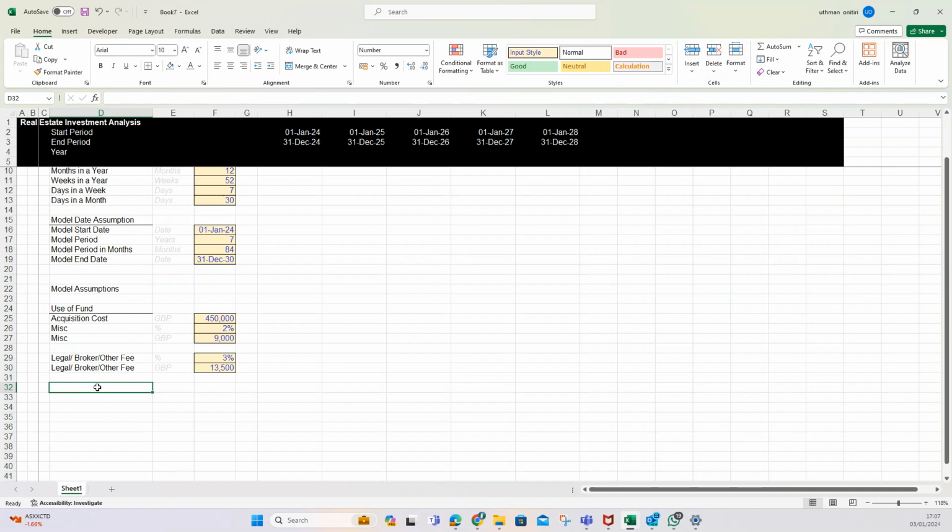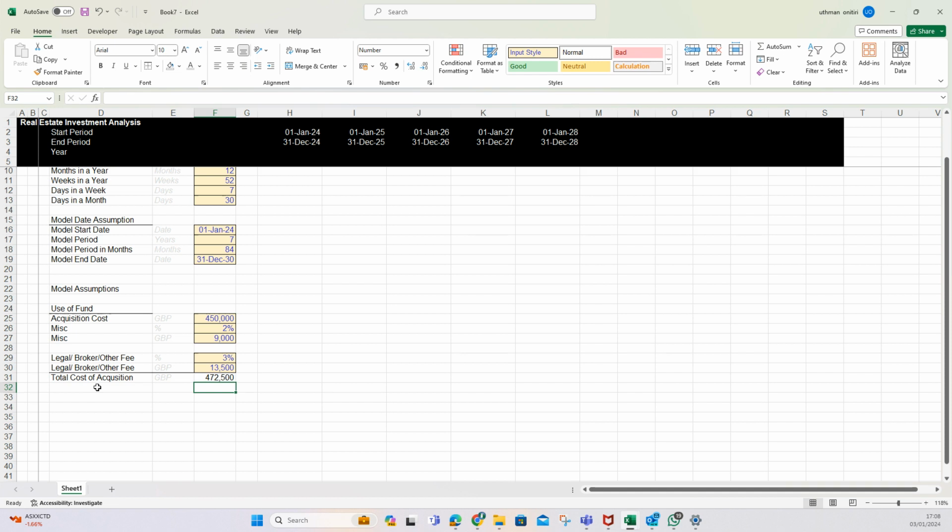So what I'm going to have here is total cost of acquisition, of course in GBP, which is my broker fee plus miscellaneous, and the acquisition cost. So my total cost of acquisition is going to be £472,500.